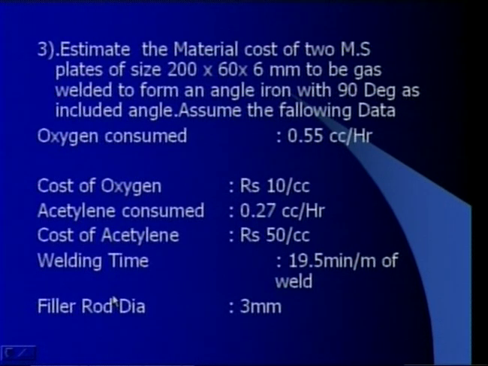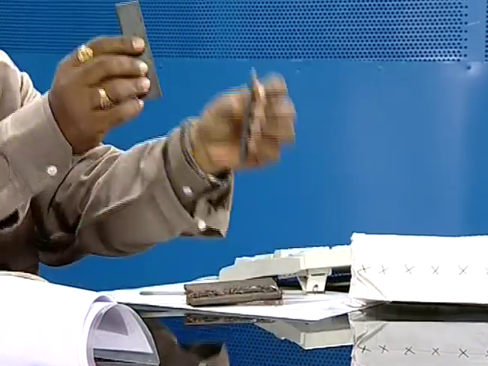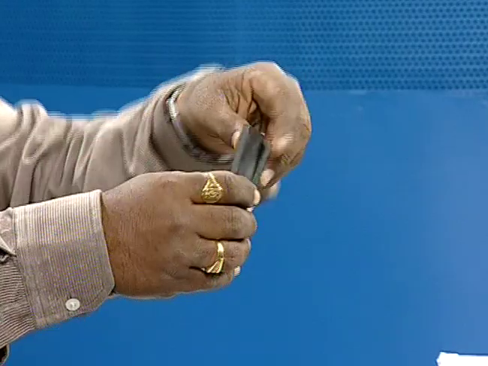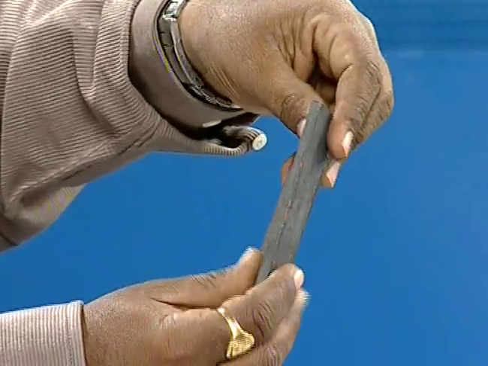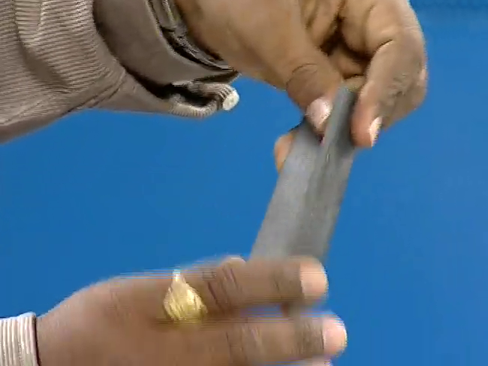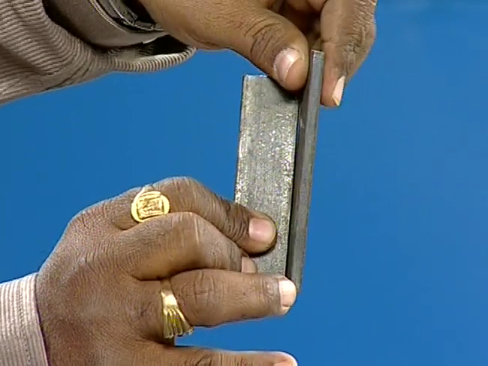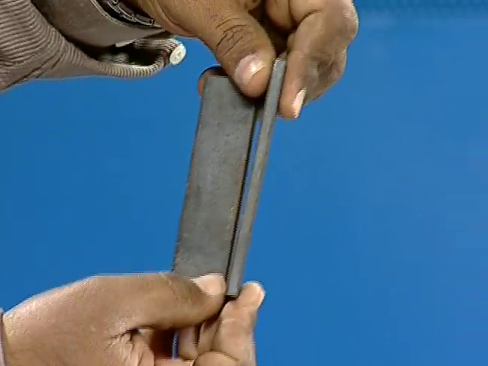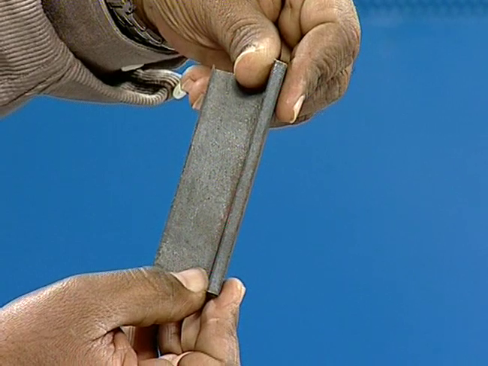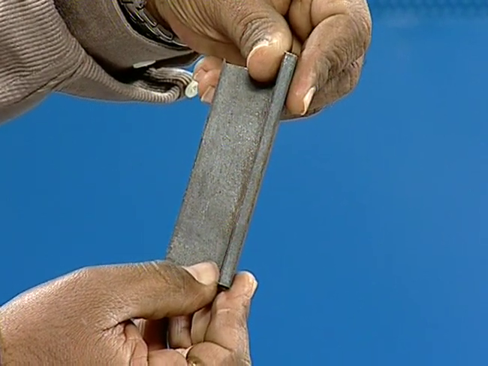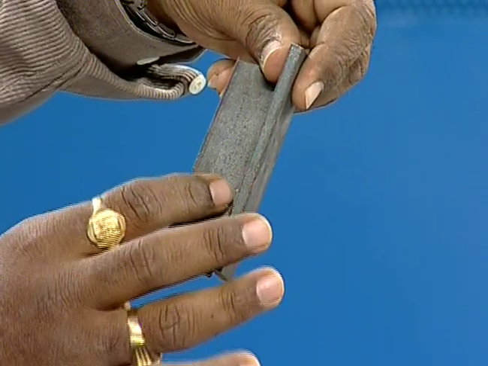In this one, I will make use of these two plates. These are the two different plates. After making the edge preparation, we have to keep the two plates like this for making a corner joint. Here the included angle will be 90 degrees.